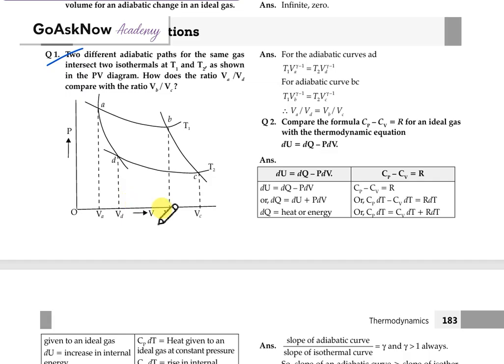See, the graph is between P and V. For the adiabatic curve AD, it will be T1 VA^(gamma-1) equals T2 VD^(gamma-1). Now, for the adiabatic curve BC, it will be T1 VB^(gamma-1) equals T2 VC^(gamma-1). So we can see the things are the same. So the ratio will be VA upon VD equals VB upon VC.